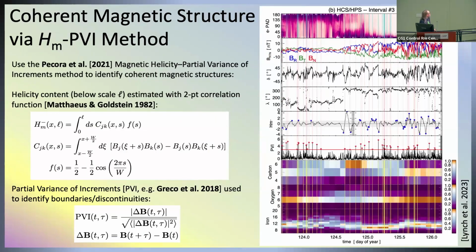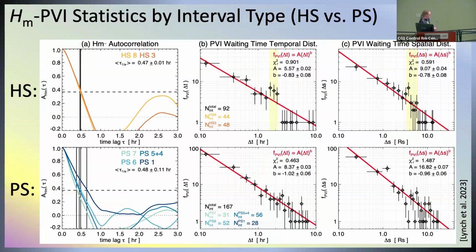You can do some other stuff, like some funny spectral analysis on the magnetic field fluctuations. And you find out that for the most part, statistically, the slow solar wind from helmet streamers and the slow solar wind from pseudostreamers looks kind of the same, with possibly one bump in this helmet streamer wind.